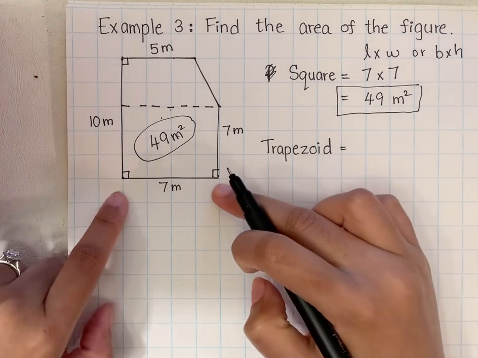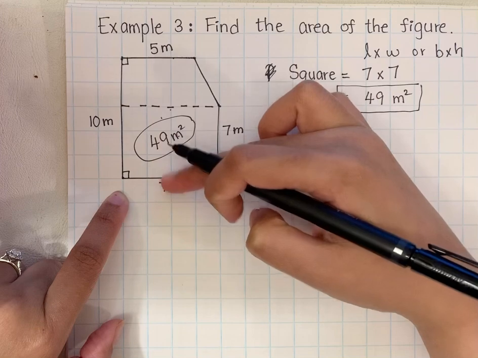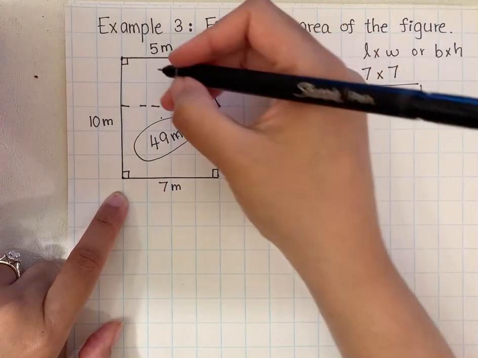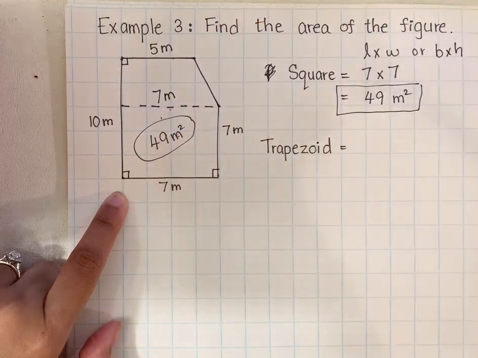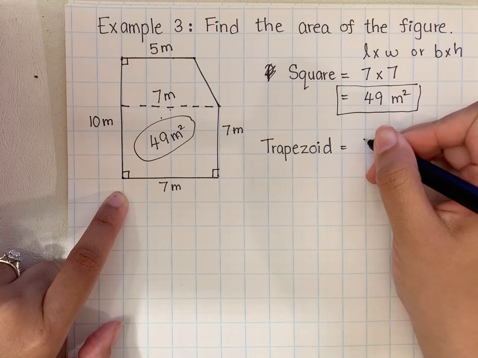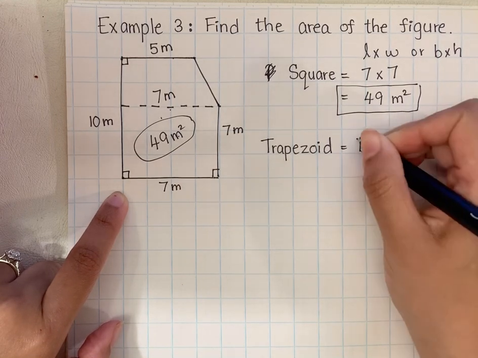Base 1, even though it's not written up here, I should be able to tell, since in our square opposite sides are the same length. So this should also be 7 meters. So I know my base 1 and base 2.